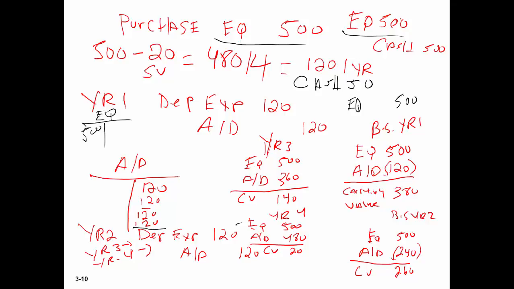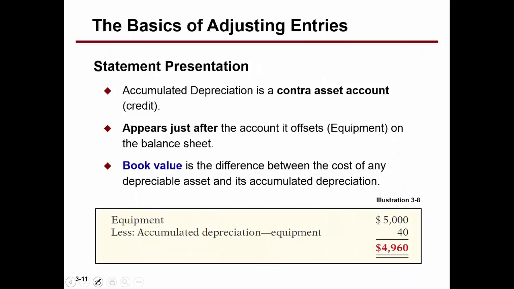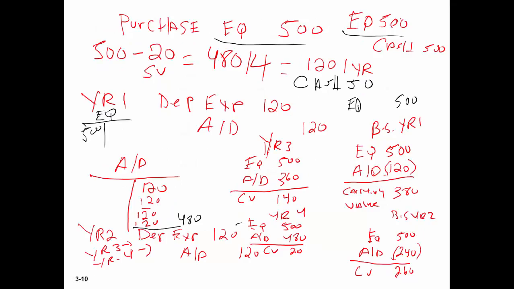Accumulated depreciation has a balance of how much? 480 sitting there, doesn't it? I want to get rid of that, so what do I do? I debit the accumulated depreciation for 480. Is it gone now? The accumulated depreciation's gone because I just debited it 480, so that's now 0.